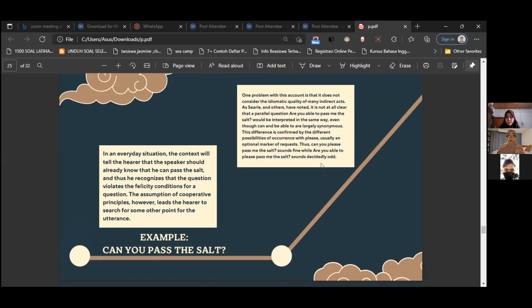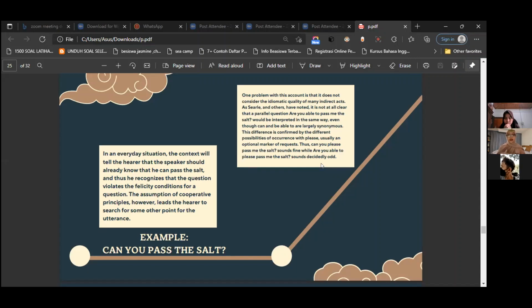And the assumption of cooperative principles, however, leads the hearer to search for some other point for the utterance. This is essentially the search for an indirect speech act, and the hearer asks himself, as it were, if it cannot be a genuine question, what is the purpose of this utterance?